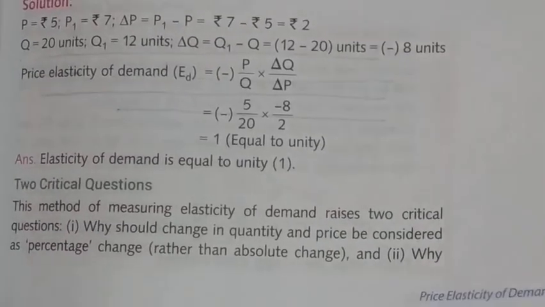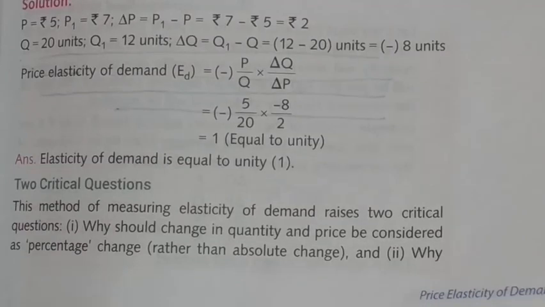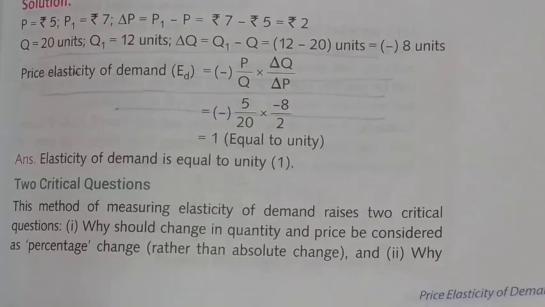Now we take this study further and raise some critical questions. First, why should change in quantity and price, P and Q, delta P and delta Q, be taken as percentage change?